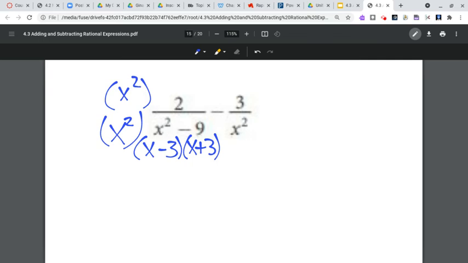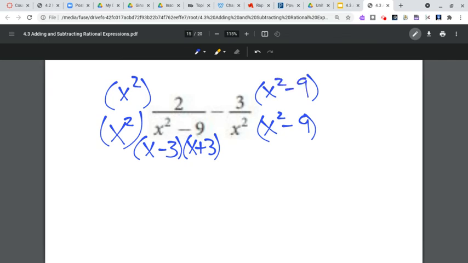The right-hand side needs x minus 3 times x plus 3. I can either write that as two factors, or I know it's going to be x squared minus 9. That is what x minus 3 times x plus 3 is.